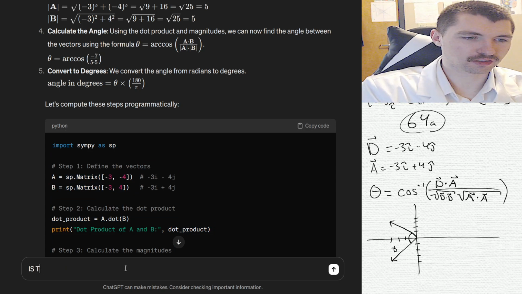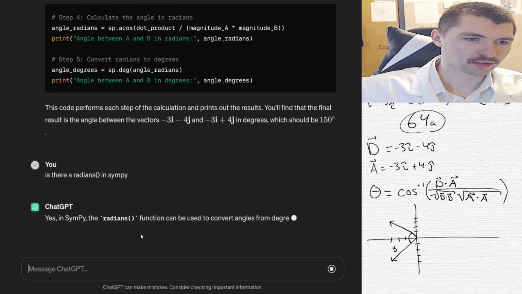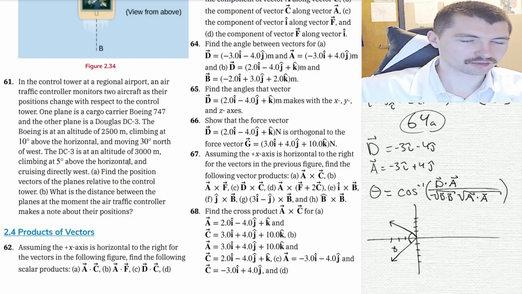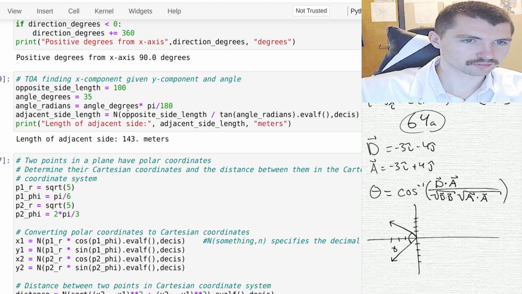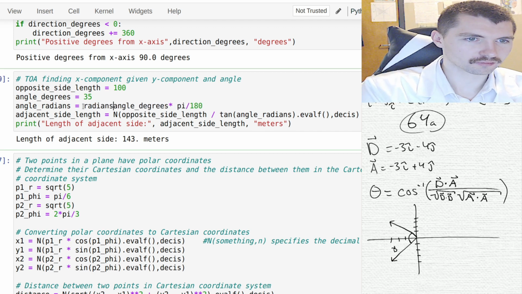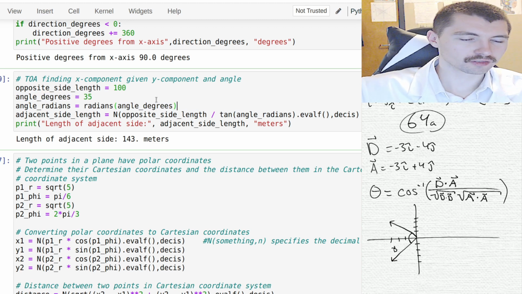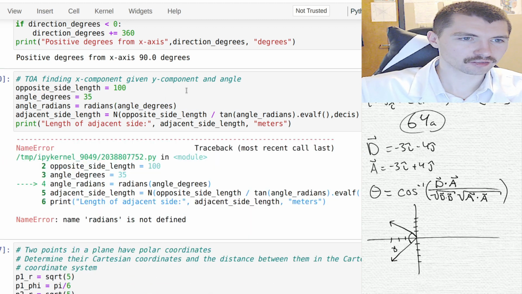If they're radians, okay. So this should be 143.